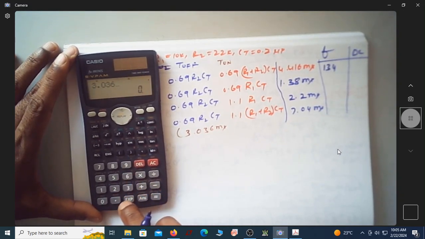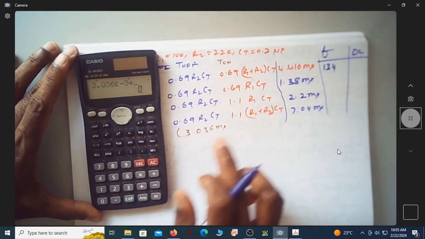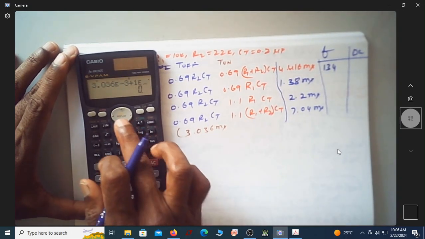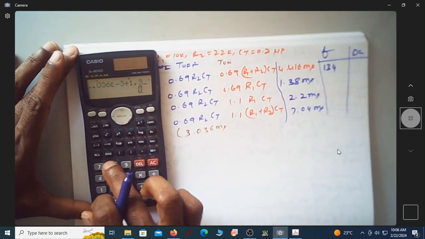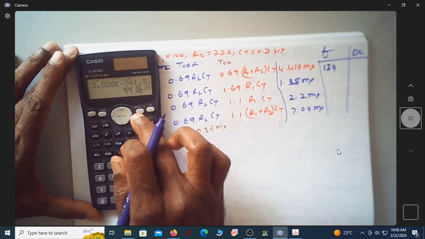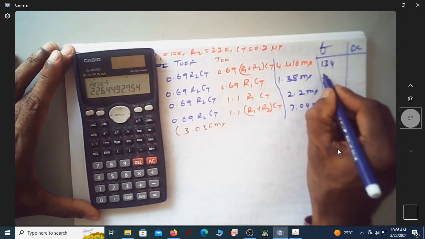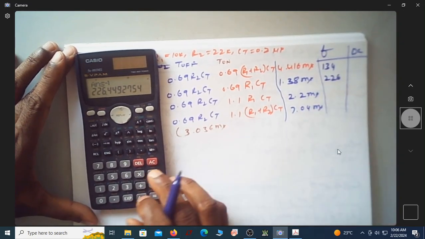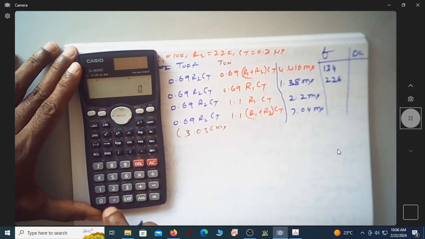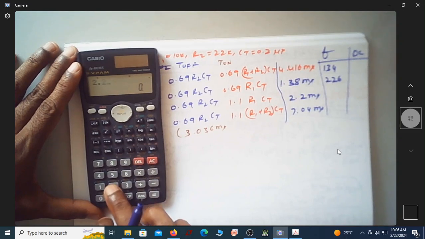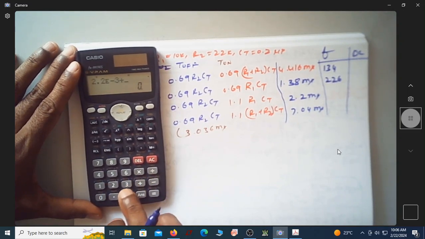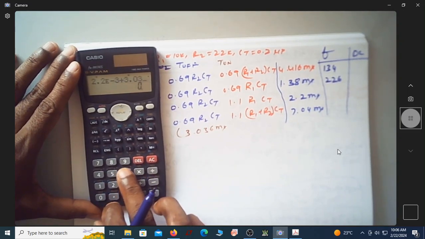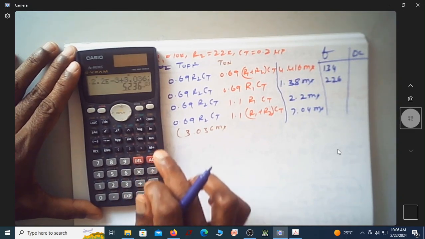3.036 exponential minus 3 plus 1.38 exponential minus 3. 1 over that is 226 hertz. Next it is again 2.2 exponential minus 3 plus 3.036 exponential minus 3.